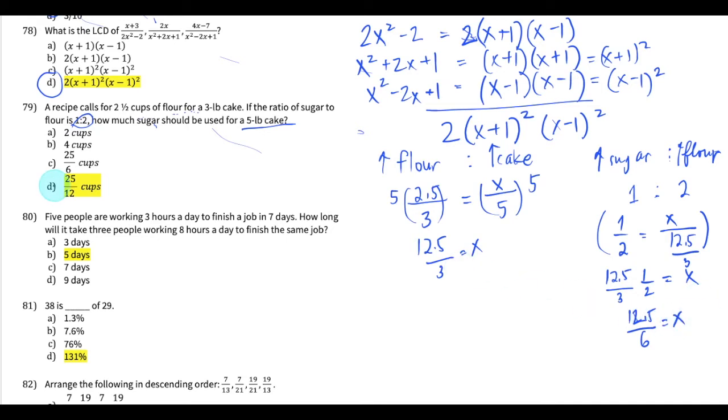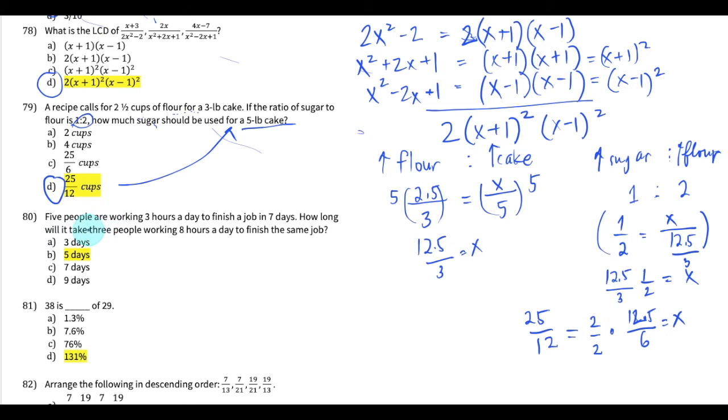So, wala sa choices. But if you multiply the numerator and the denominator by 2 over 2, guys, equivalent fractions lang to ha, this is going to be equal to 25 over 12. So, 25 over 12 cups for 5-pound na cake.